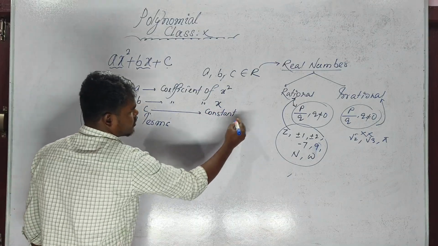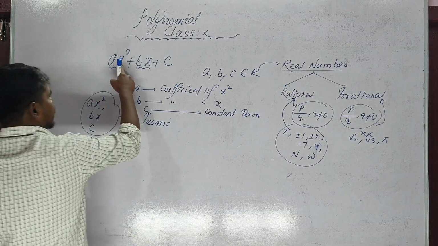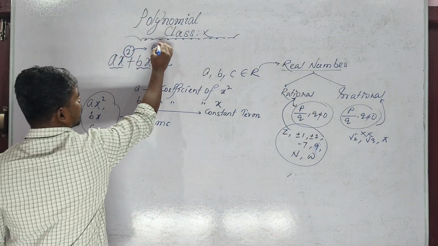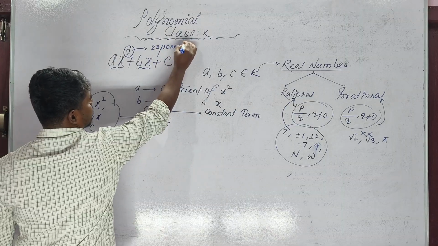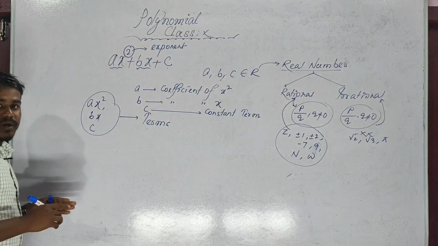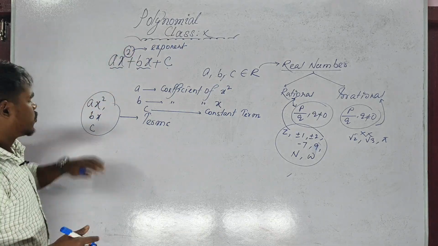What? Constant term. And here x raised to the power 2, and 2 is called exponent. What? Exponent.